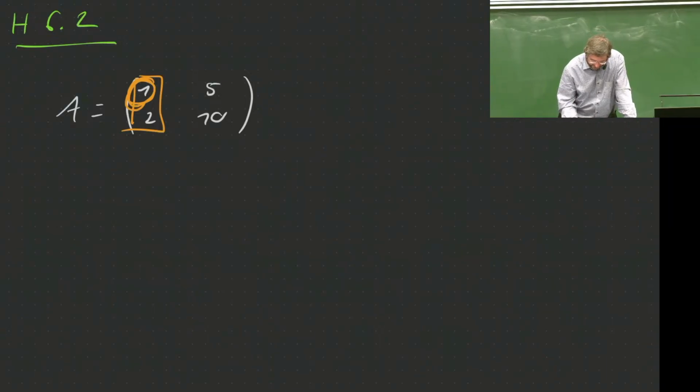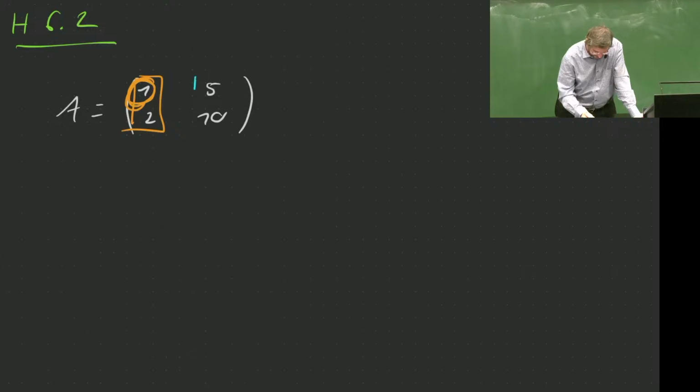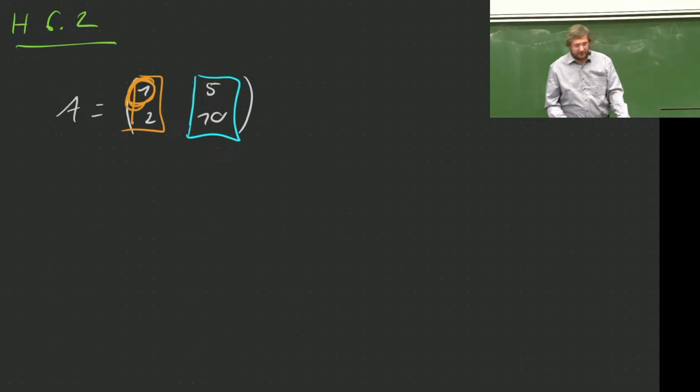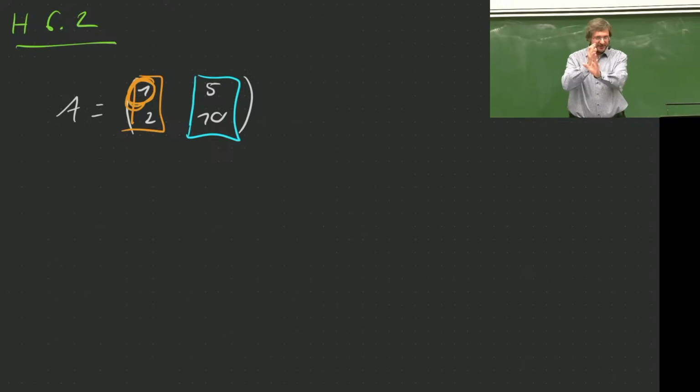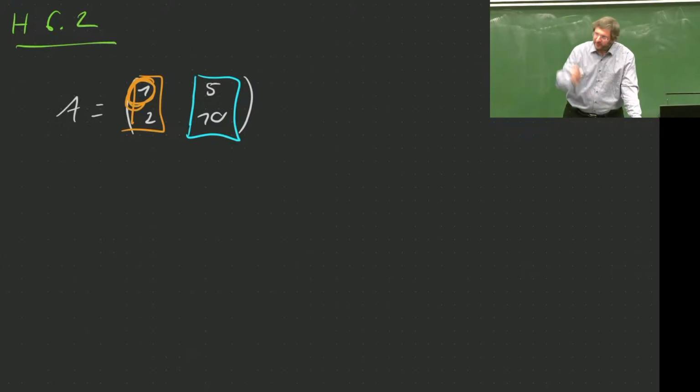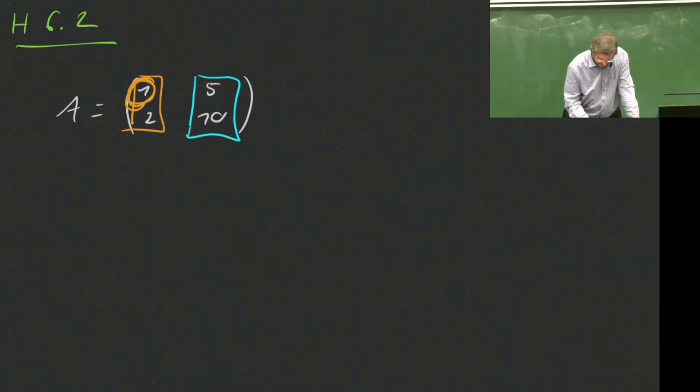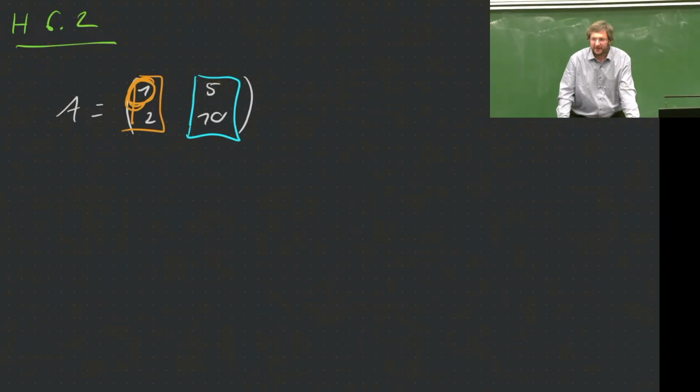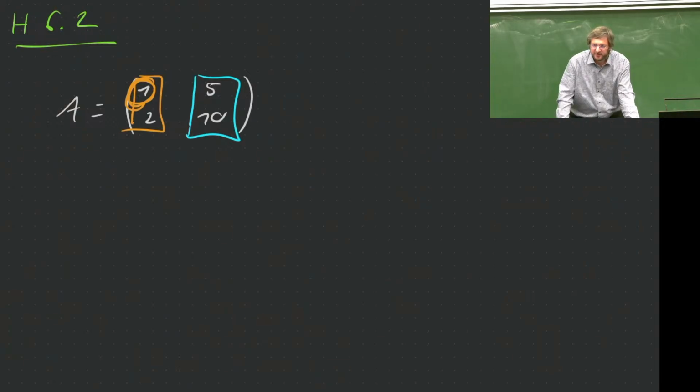Let's look at column 2 next. For column 2, if the column player chooses this strategy, just play column 2, then what will the row player's best response be? Well, the row player wants to minimize the payoff, so he'll choose row 1 again. Obviously, that minimizes his payoff.